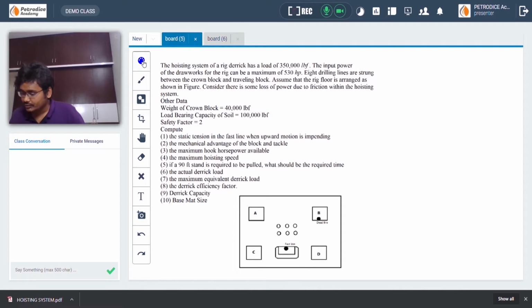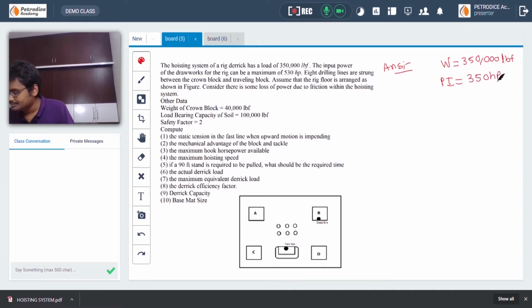Given, let us solve the question. A hoisting system of a rig has a load W of 350,000 lbf, and the input power Pi is 350 horsepower.